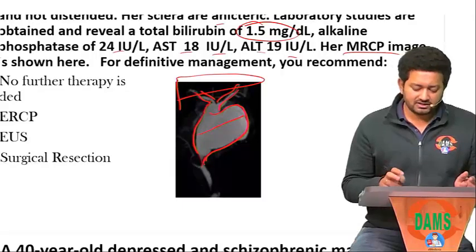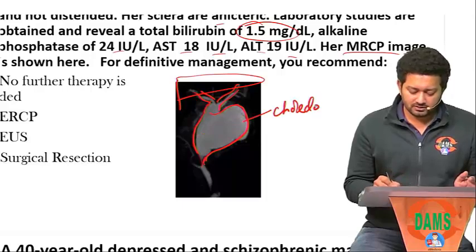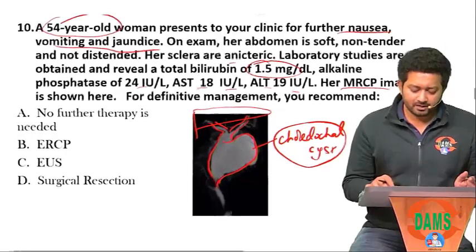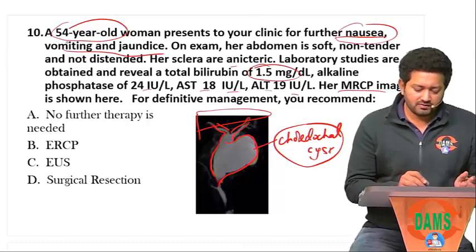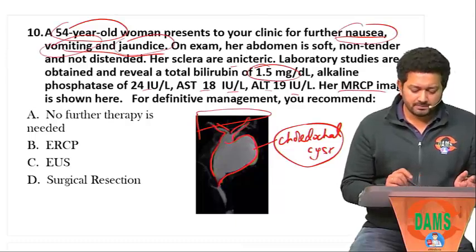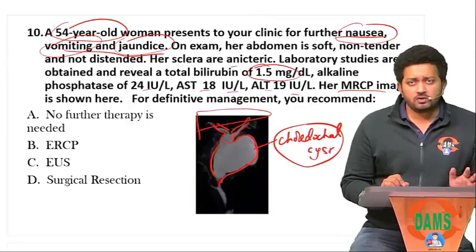So this dilatation of the CBD is choledochal cyst. So this patient is having choledochal cyst with some nausea, vomiting and mild jaundice. What will you do?